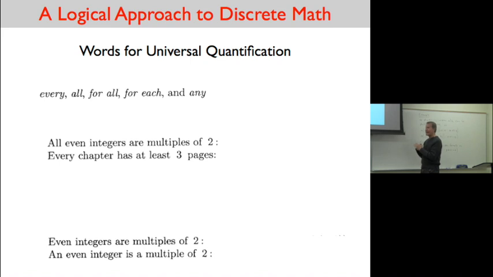Now that we're doing predicate calculus, we have the same problem. When we say things in English, we need to be able to translate them into expressions in the predicate calculus. Are you with me?